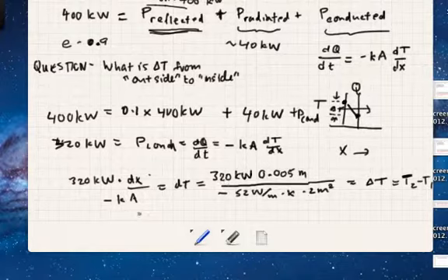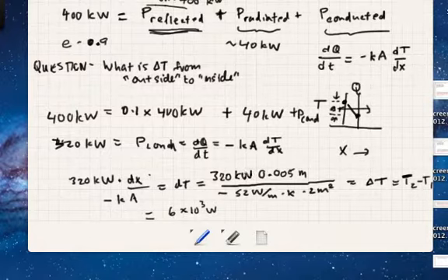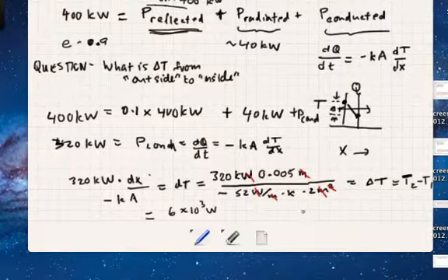So this is equal to 6 kilowatts, I'm going to say 6,000 watts. And let's keep track of our units here. This watts crosses out with that watt. 1 meter cancels with 1 meter here. We've got meters canceled here. So we basically have the Kelvin moving up to there.